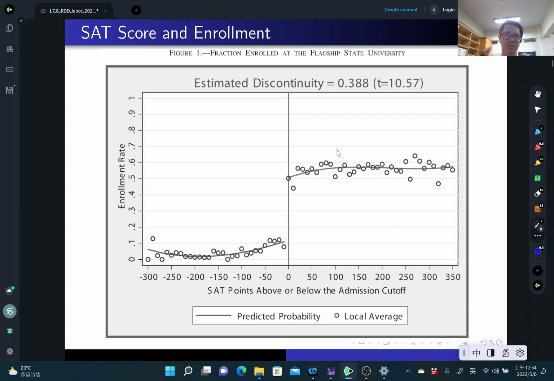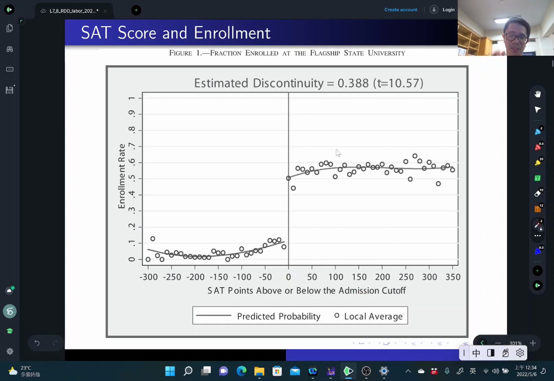You can consider this graph as showing the treatment. The treatment really has a discontinuity at the cutoff. The y-axis is the enrollment rate in the good university, and the horizontal axis is the SAT score, and we recenter it to the minimum score for that good school, so we adjust to this admission cutoff.